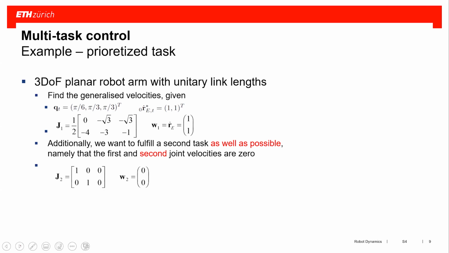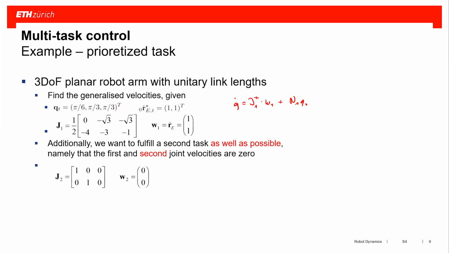We essentially start, again, we have the Jacobian 1, which gives, if I want to have my Q dot, I have to do my Jacobian 1 pseudo-inversion times my W1. But as we've seen, this is not the only solution. There is a null space 1, which allows us to modify the solution with a Q0 without actually violating the task.